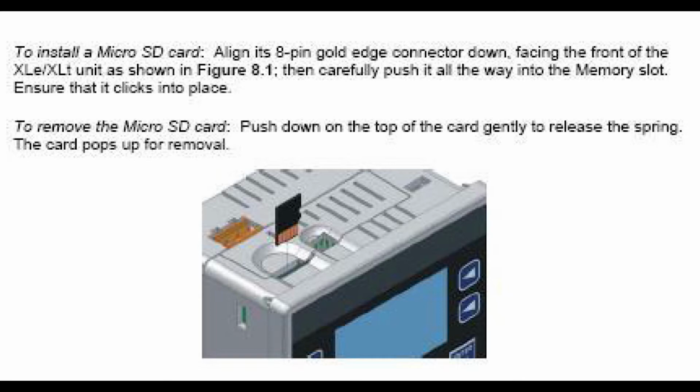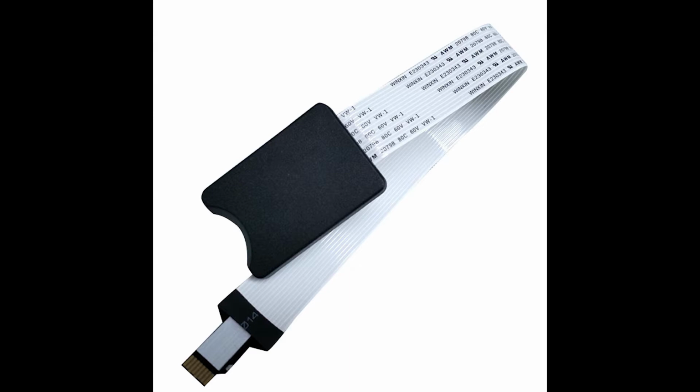You do not want to lose this card, as if it falls behind the OCS, you will have a very difficult time. To avoid this situation, an SD card extension or a little piece of tape, as shown here, is recommended. Once inserted fully, turn the power on.